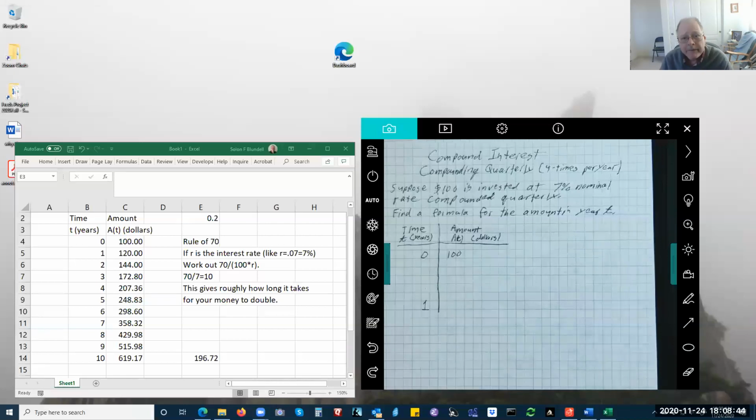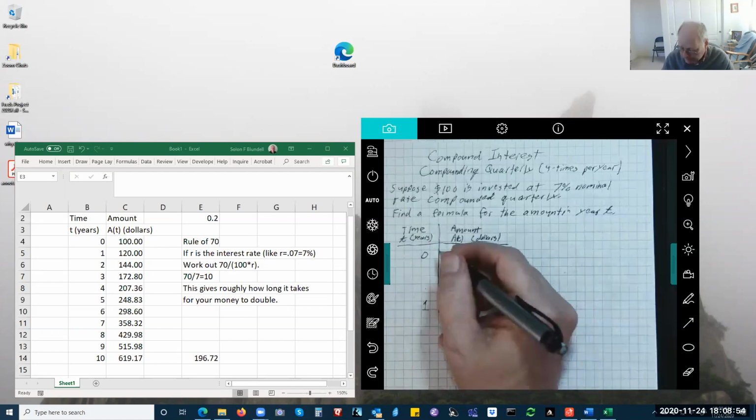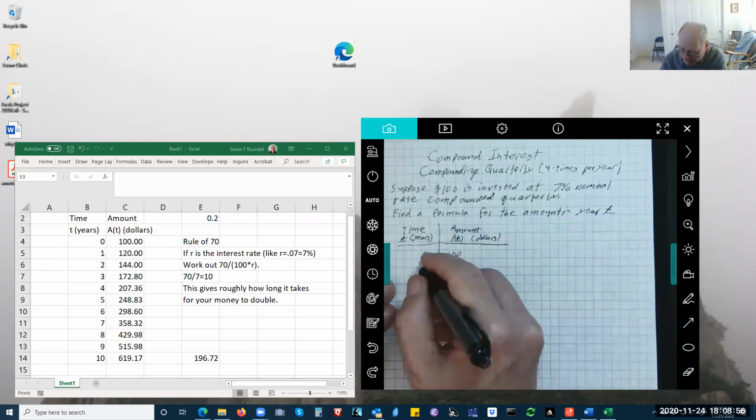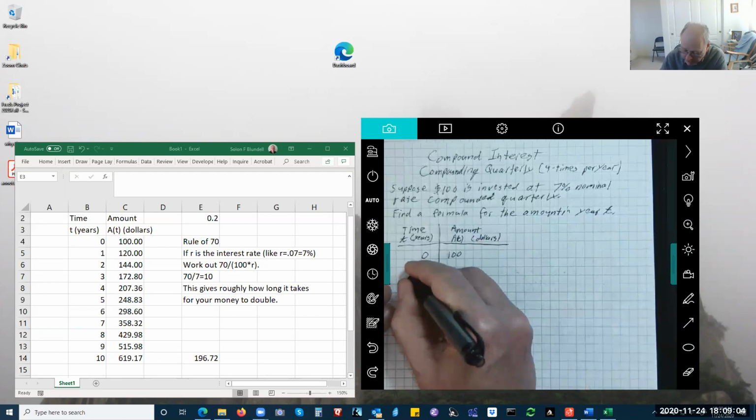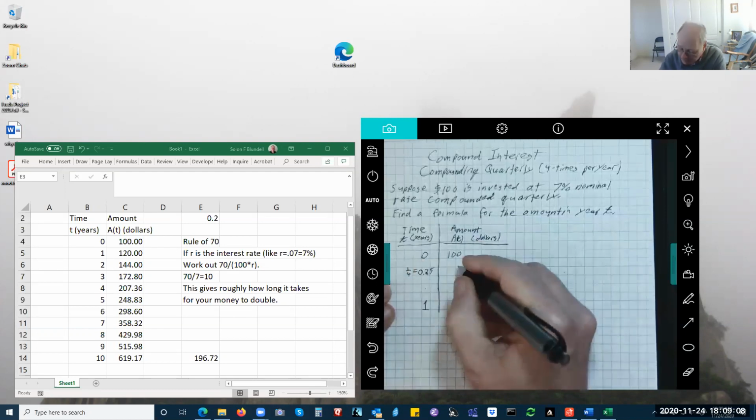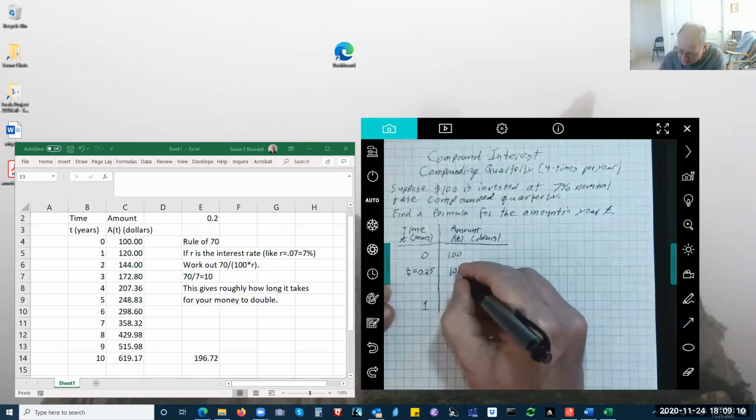Now, every 3 months, or 4 times per year, they compound the interest. So what does that mean? So after 0.25 years, or 1/4 of a year, they've looked at the $100 that you put in.